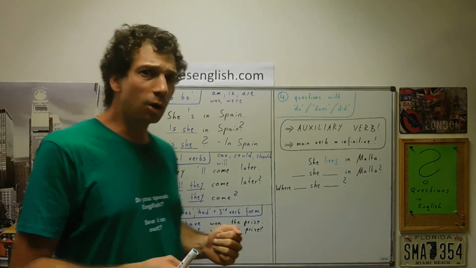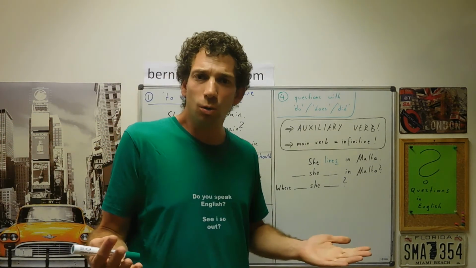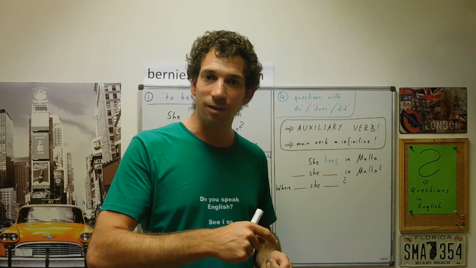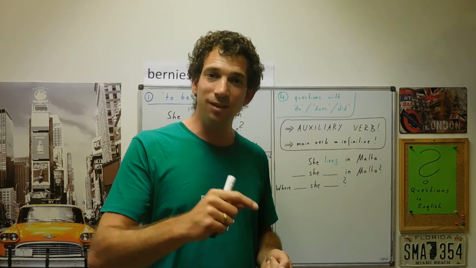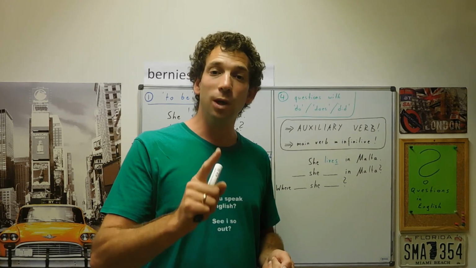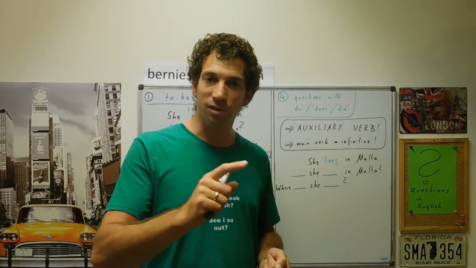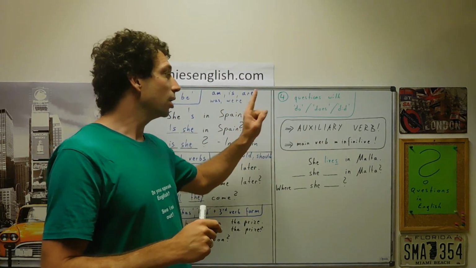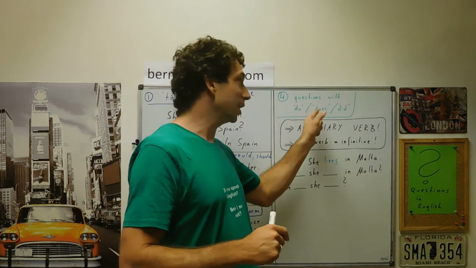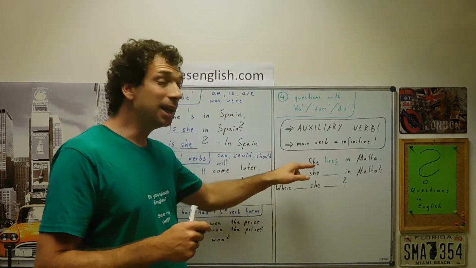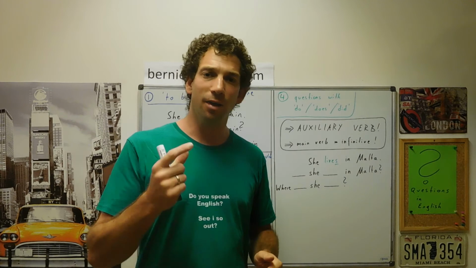Has she live in Malta? No, we're not talking in the present perfect. We are talking in the present simple tense. And in the present simple tense, if we want to make a question, we need the auxiliary verb do or does.